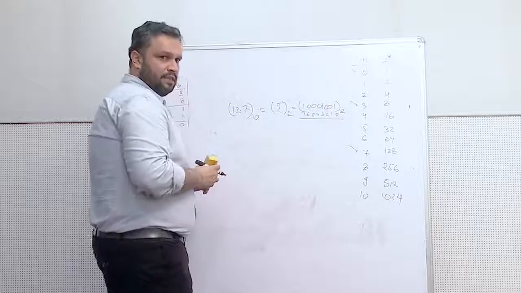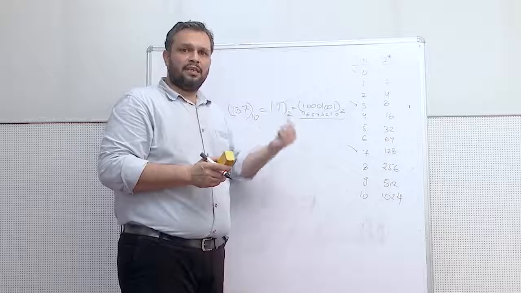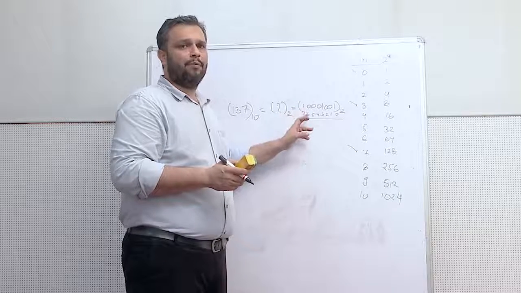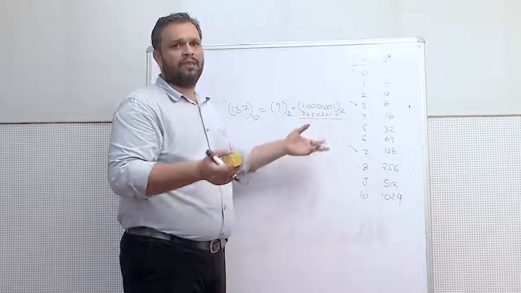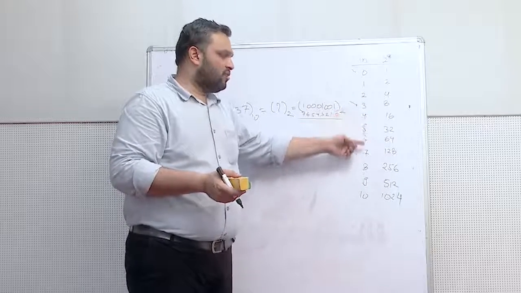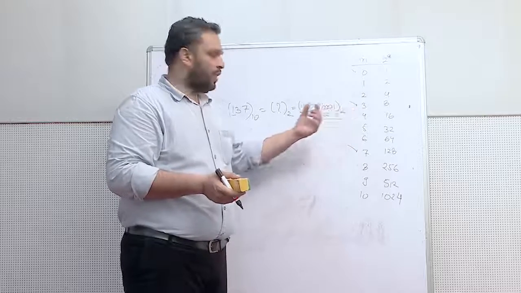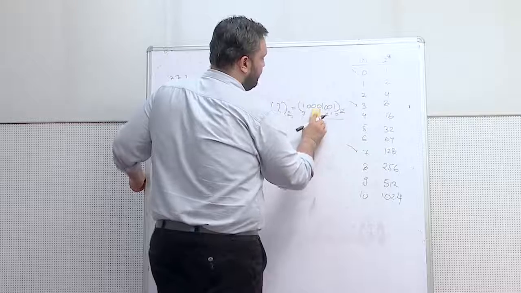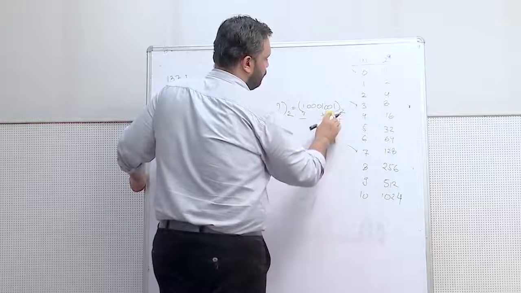Now remember, in the previous example, I told you anything multiplied by 0 is going to be 0. And you also know that 0 multiplied by 2 raised to any power is going to be 0. So we just need to skip these positions which represent the zeros.